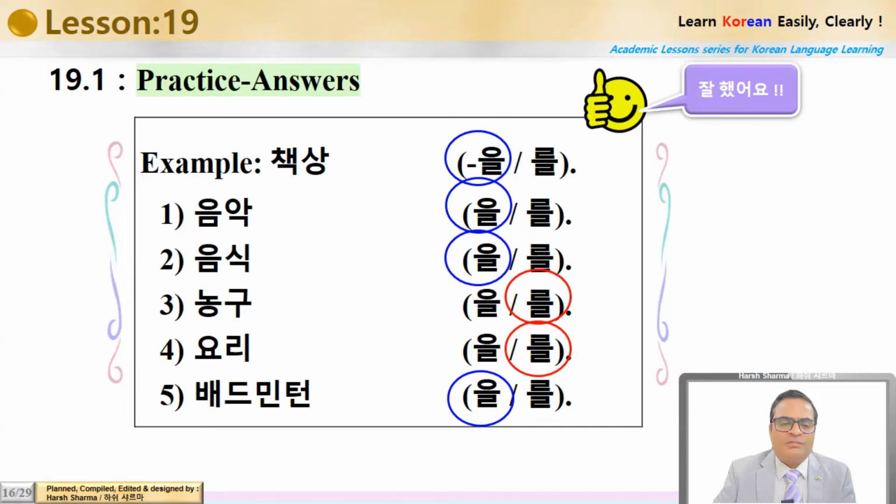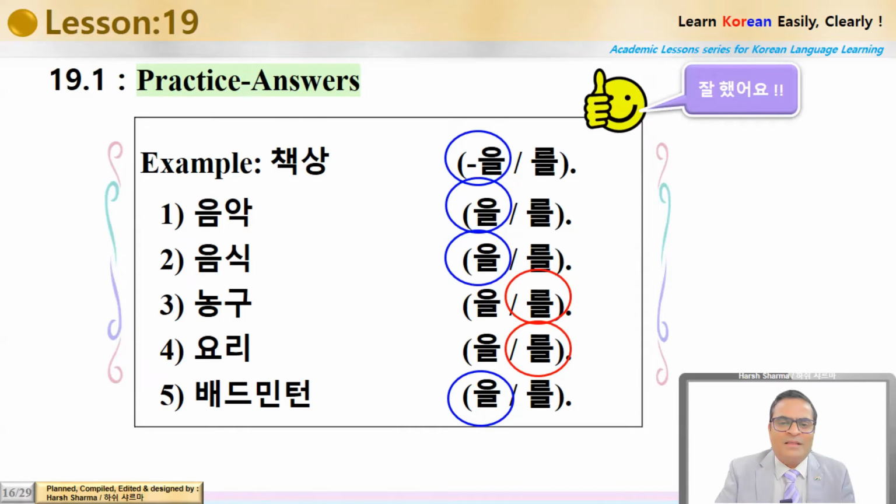There is no pachim in the final syllable, so nongural. Number 4, yori, yoriral. Number 5, badminton, badmintonal. 잘했어요, 여러분. Very good, like this.